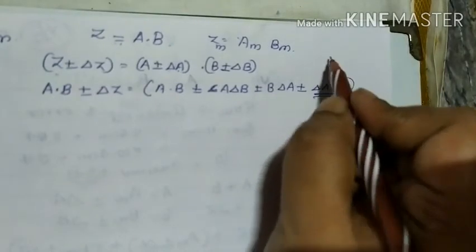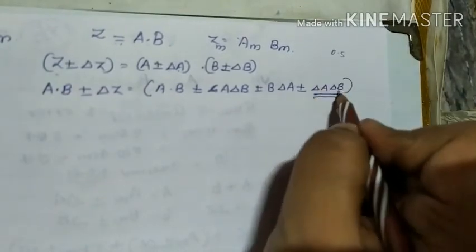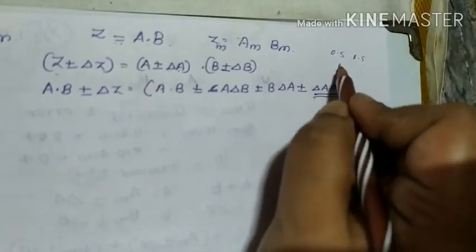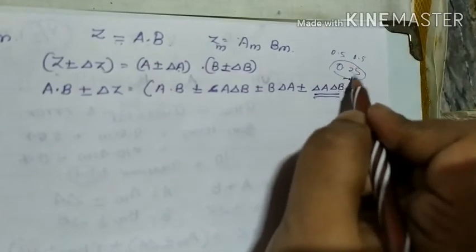Let's say delta A is 0.5 and delta B, let's say, is again 0.5. So what will be delta A delta B? It will be 0.25. So very small quantity, right?